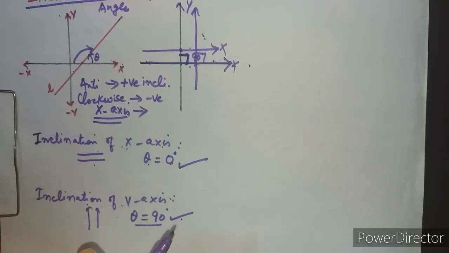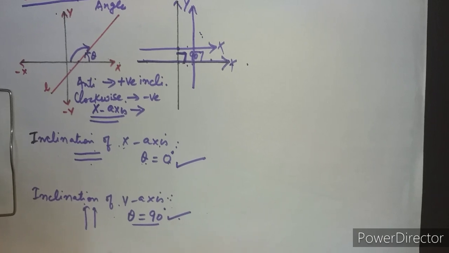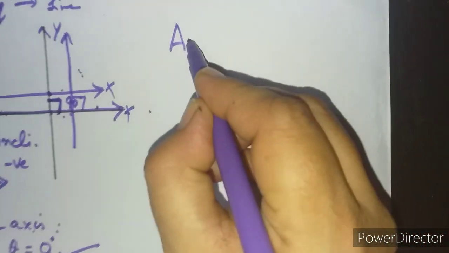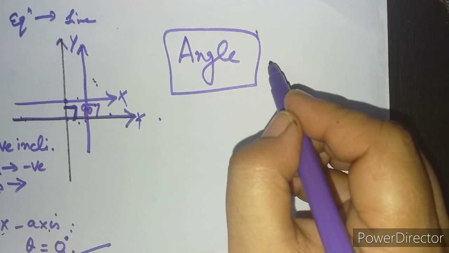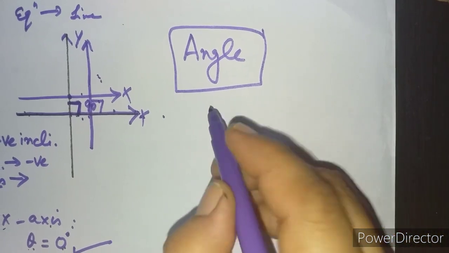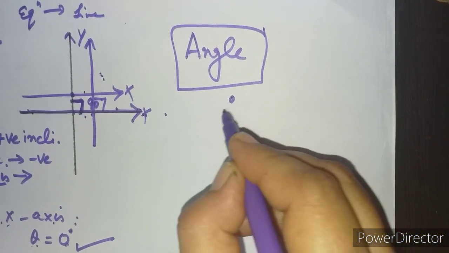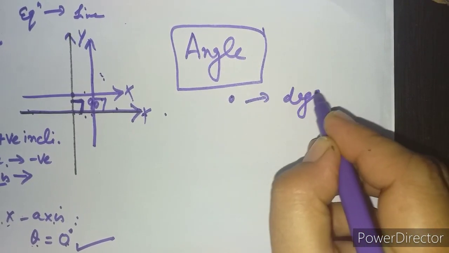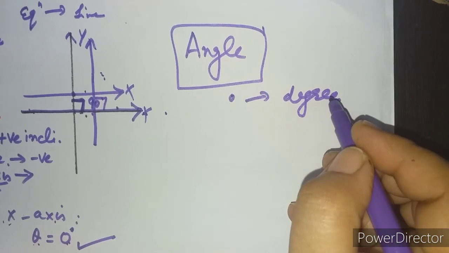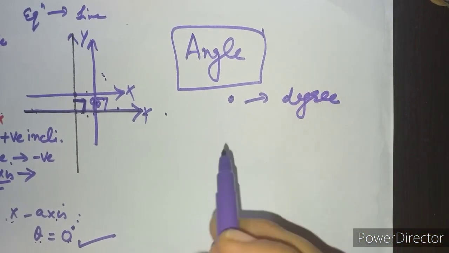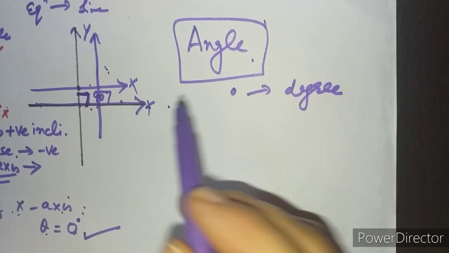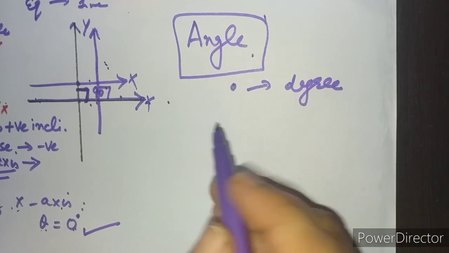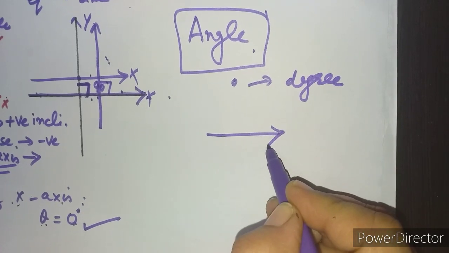Finally, one last minute on inclination. Inclination is the name of an angle, and its value is always written in degrees. Which angle do we want to see? It is always the angle which the line in question makes with the x-axis.